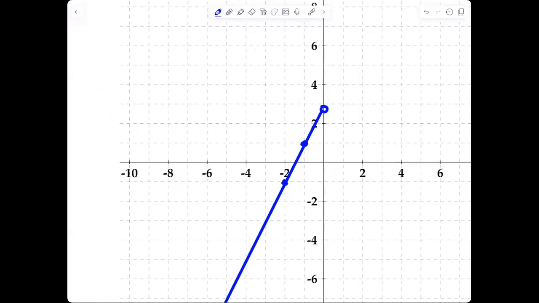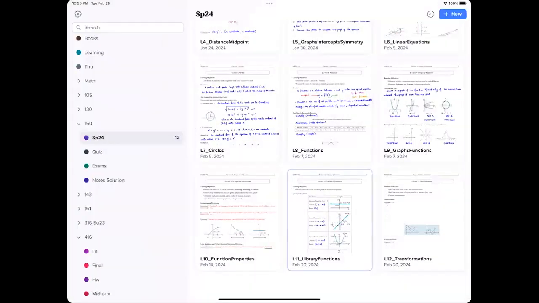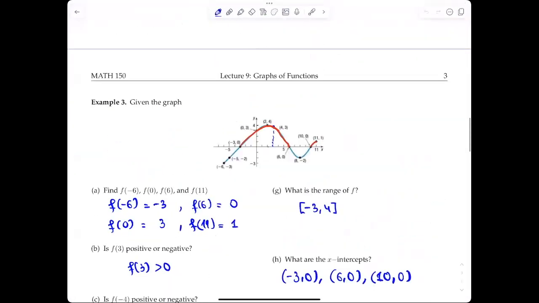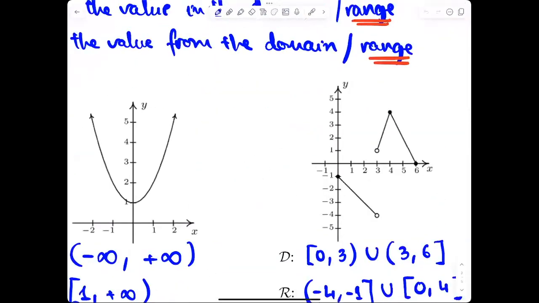This is just for this particular case. Sometimes that creates holes, just like what you saw earlier in lecture 9. So you have a closed circle here. That means x is greater than or equal to 0 here. This is an open circle.